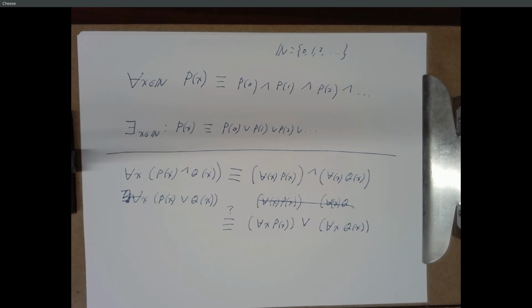Left side is for all X, P of X or Q of X. The right side is for all X, P of X, or for all X, Q of X, the disjunction of those. It is either yes or no. So as a class, we got it right. If no, can you come up with a counterexample?